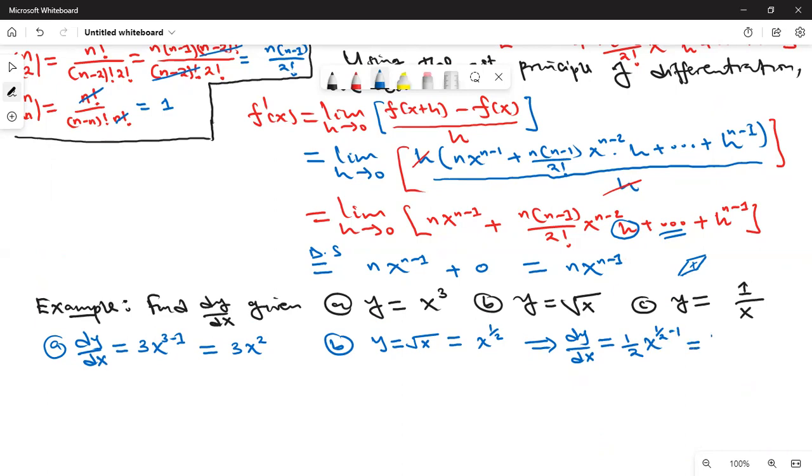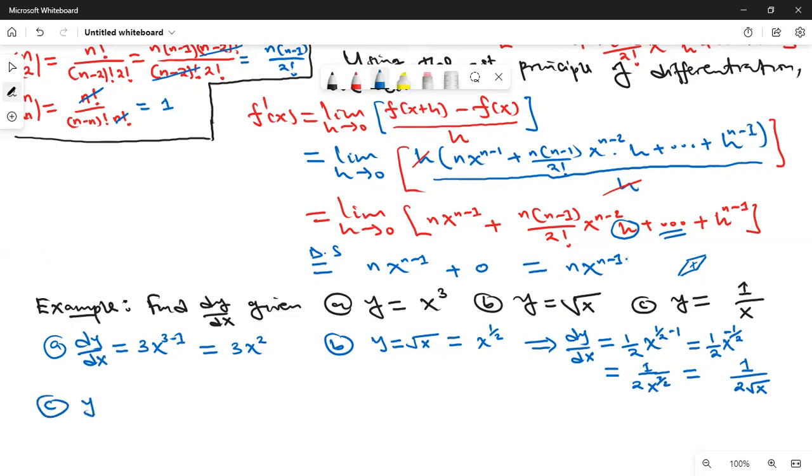And so this you can write as 1 over 2 times x raised to negative 1 over 2. And so this can as well be written as 1 over 2 times x raised to 1 over 2, since when you take the negative power to the denominator, it becomes positive. And so this can be written as 1 over 2 root x. That's our derivative.